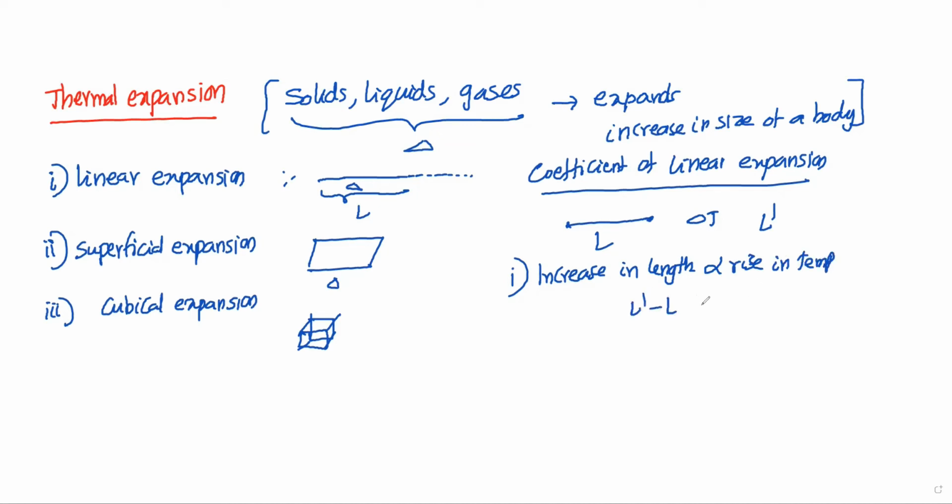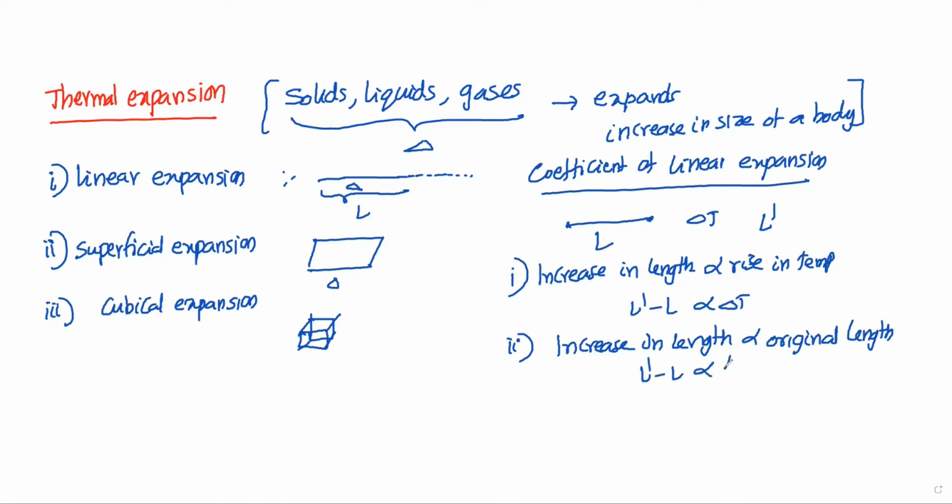So L dash minus L is directly proportional to delta T. Increase in length is also directly proportional to the original length. So L dash minus L is directly proportional to L into delta T. So L dash minus L is equal to alpha into L into delta T.